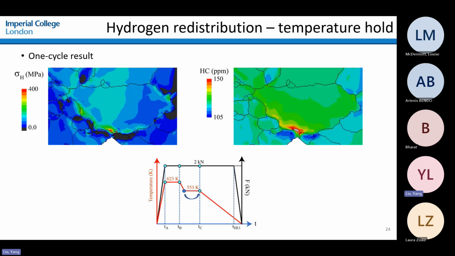During the stress holding period, the hydrostatic stress changes a little bit, but the hydrogen concentration changes a bit more. This is due to the plastic deformation at the notch, which pushes the hydrogen into the material a bit more when the stress is holding.